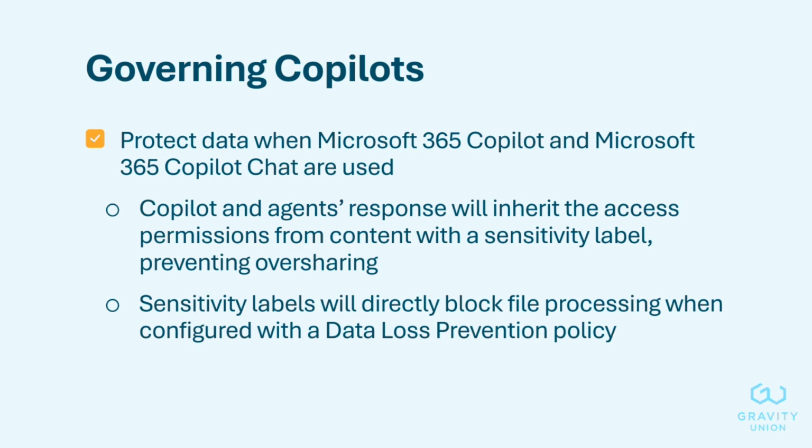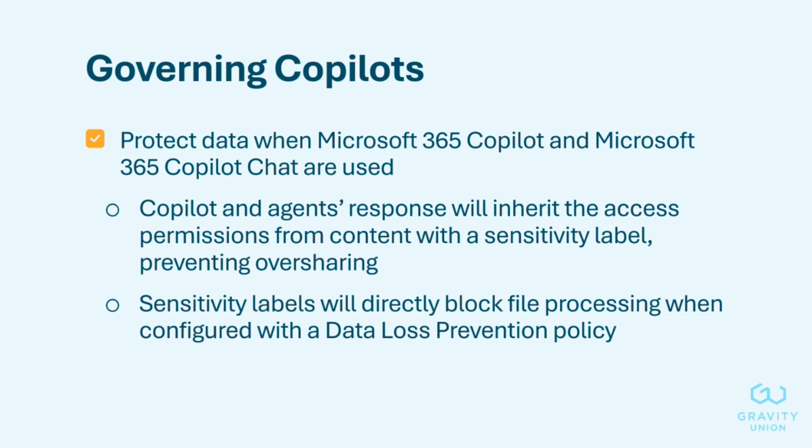As well, sensitivity labels can be an excellent tool in helping to govern Copilot agents or third-party external AI. Particularly for Copilot, they will inherit a sensitivity label to a chat response.